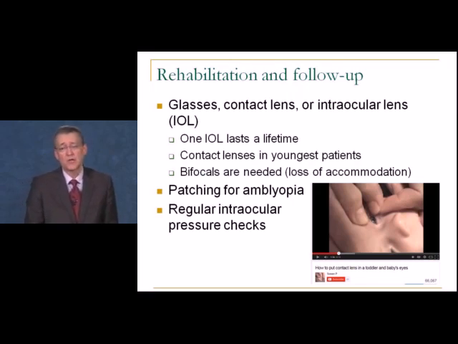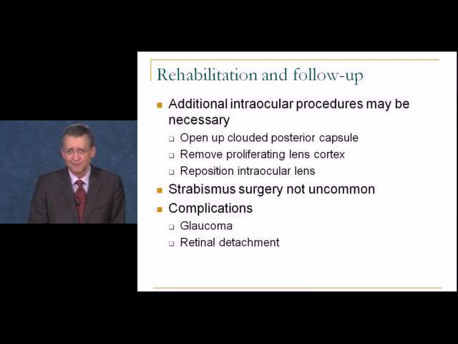Amblyopia is really the main cause of vision loss from congenital cataract, so we've got to stay on that with patching. We also have to watch for glaucoma and see the kids back regularly and try to check their intraocular pressure, which is about as easy as putting in a contact lens. Not necessarily fun, but you get good at it.